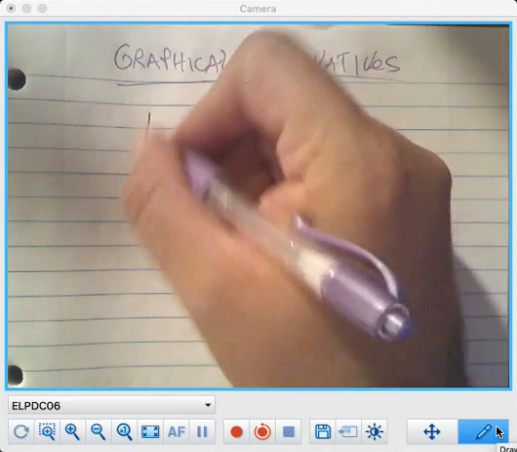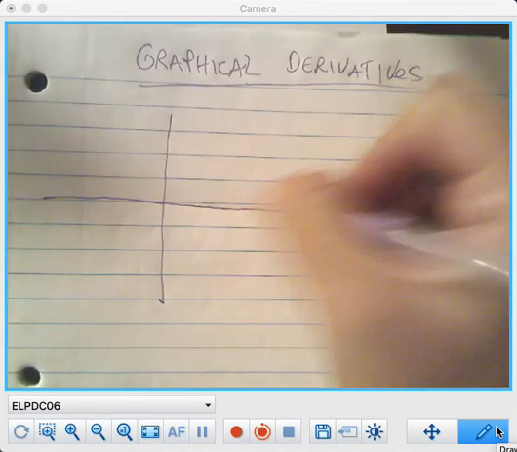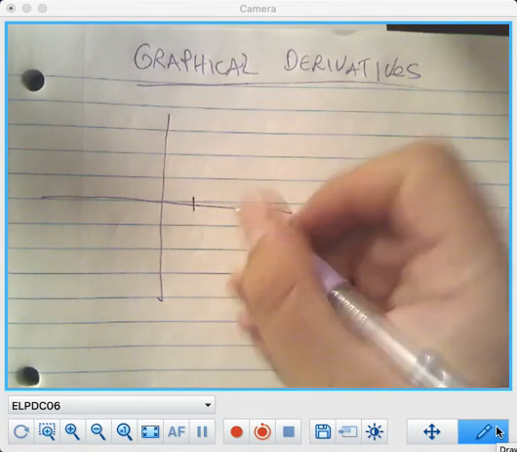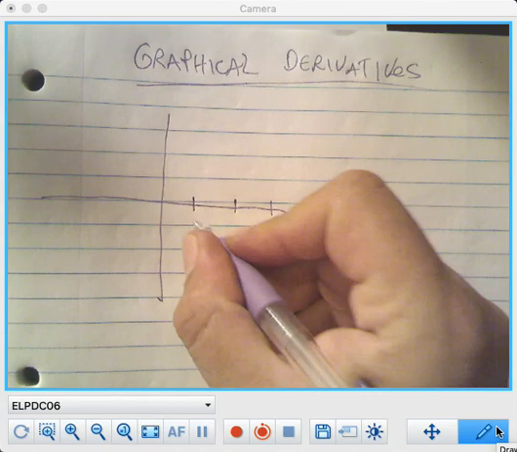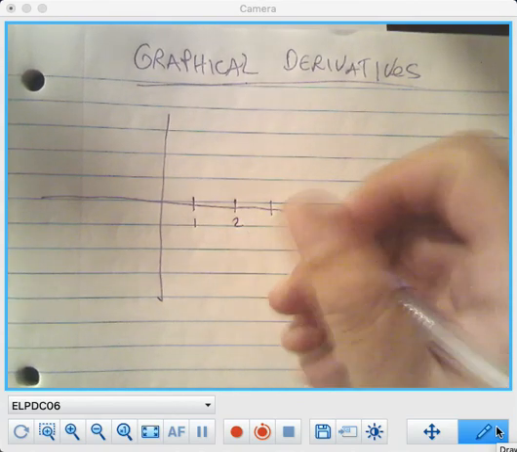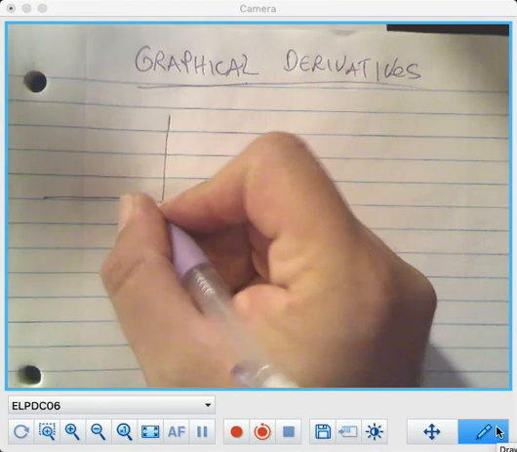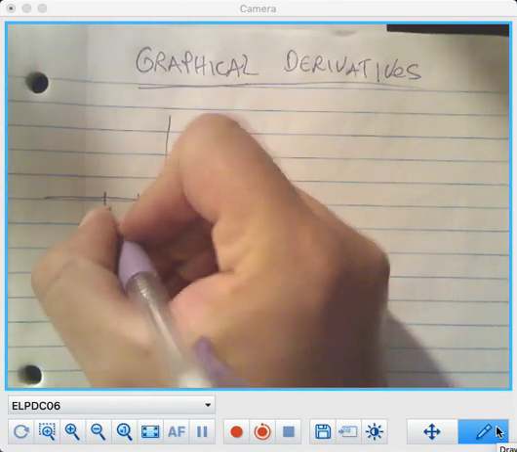Okay, so I'm gonna draw my axis. On your paper, do exactly the same thing that I'm doing. I'm gonna ask you guys to write everything exactly on the same spot that I'm writing.